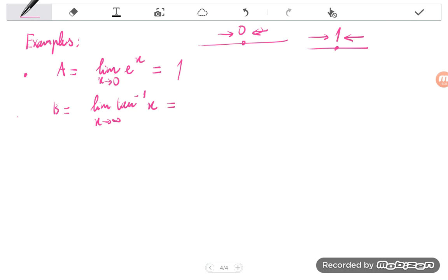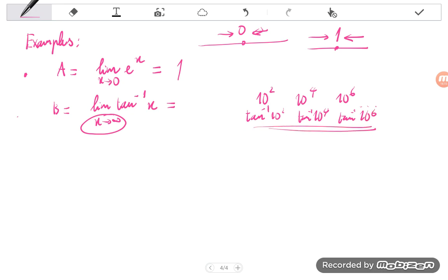You can assign to x some large values, maybe 10 to the power 2, 10 to the power 4, 10 to the power 6, etc. And you can calculate the value of inverse tan at 10^2, inverse tan at 10^4, inverse tan at 10^6.